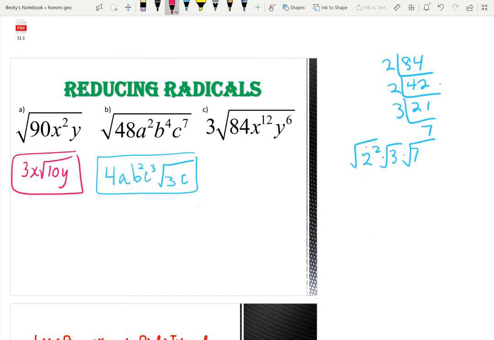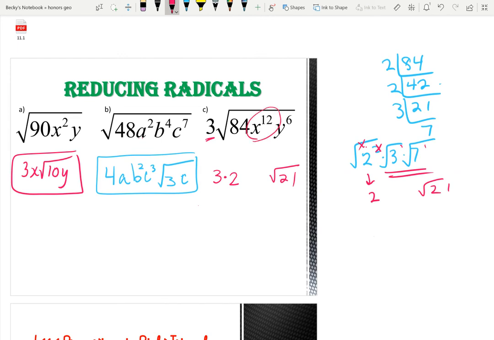All right, so what gets to break out? Well, this first 2 gets to break out, but these have to stay inside because there's only a power of 1. Okay, now, the only issue here is there is the 3 that's in the front. So there's the 3 that's in the front, the 2 that you just brought out, and the 21 stays on the inside.